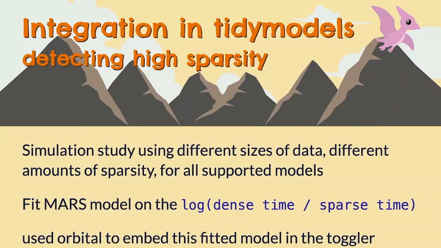We're then encoding that as a simple model that's then embedded into workflows. So when you're fitting a model, it will estimate, is this model going to benefit from being sparse or not? And if it is, it will turn all the autos into yes, and if it doesn't, it will turn everything into no. It also means that if your model doesn't support it, it doesn't even do this, because it just says, oh, you don't support it, no, right away.